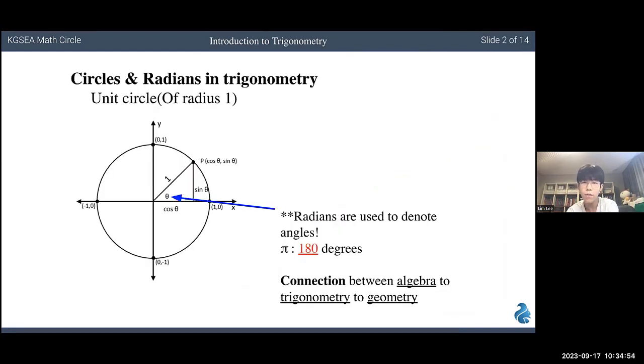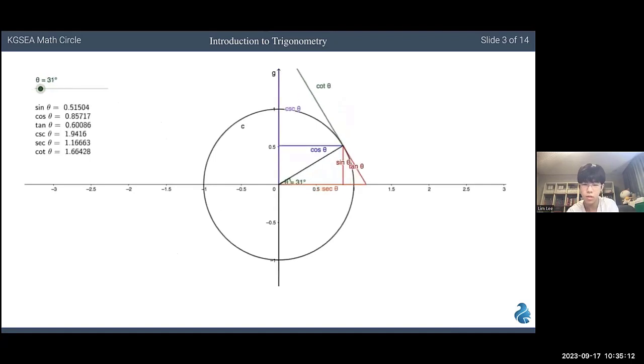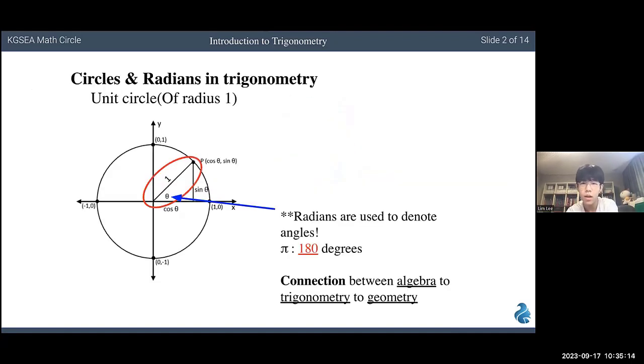Now, let's clarify the concept of circles and radians in trigonometry. The unit circle, a circle of radius 1 on the Cartesian plane, serves as a crucial part in understanding the function graphs. We can visualize a line within the circle, starting from the center and extending to the circle's edge to point P, and an angle theta, which is formed between the hypotenuse and its intersection with the x-axis.